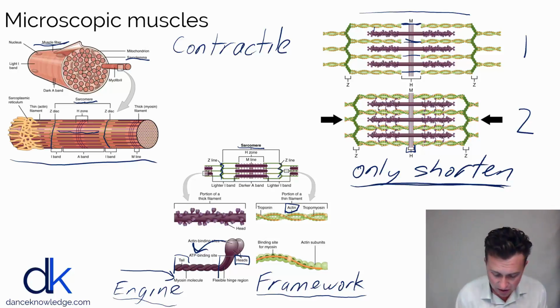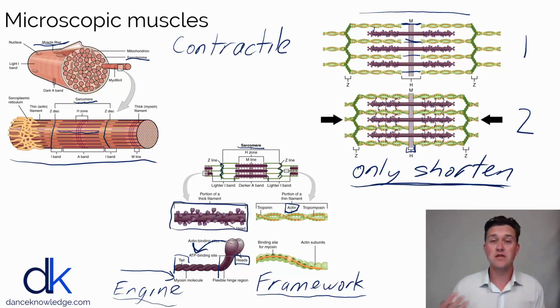And you can see here along the myosin chain, we've got lots and lots and lots of myosin heads. So each of those heads is capable of using energy and producing force and pulling on actin. So the microscopic structure of a sarcomere, the foundational way that a muscle is able to produce movement, is by myosin heads connecting up to actin and squeezing actin together.